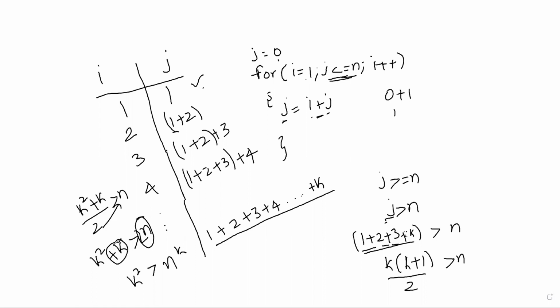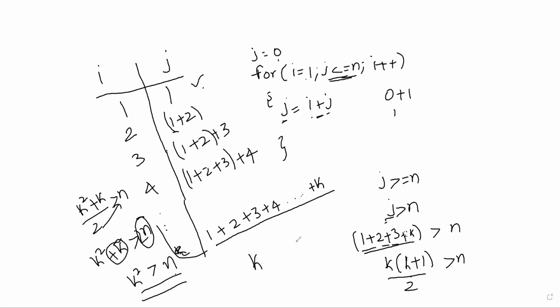But if you add something to k square, it is just k square. So for simplicity's sake, we just take it as k square. Is it clear why I have taken that as k square? k square greater than n.